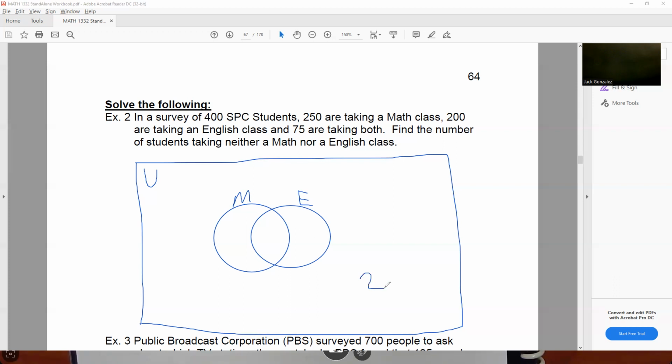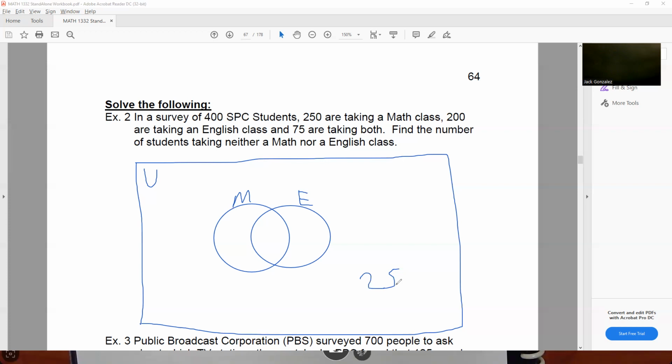So there's 25 out here somewhere, because 250 would be this entire circle. The 25 is out here.